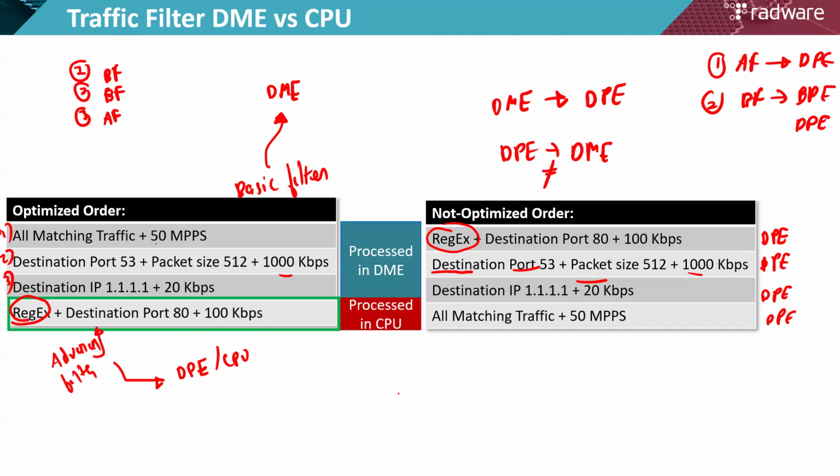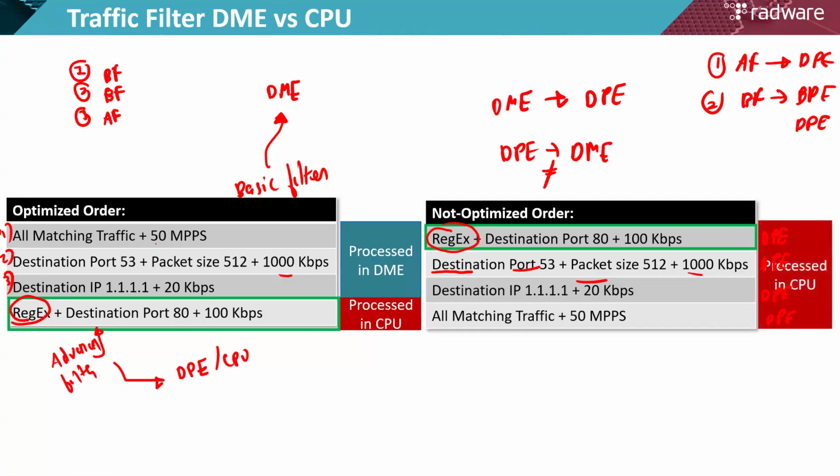So that's one thing that you need to be aware of when it comes to the correct optimization order, so that your traffic filters process it quicker compared to having everything processed in the CPU. Whenever you're configuring the traffic filters, make sure that you configure basic filters at the top, and then you can process the advanced filters later so that they can be processed in CPU.